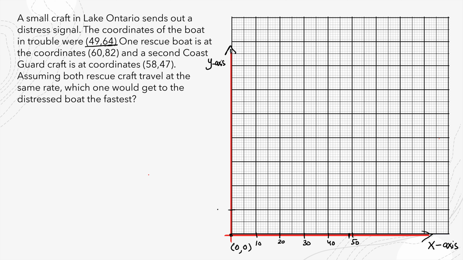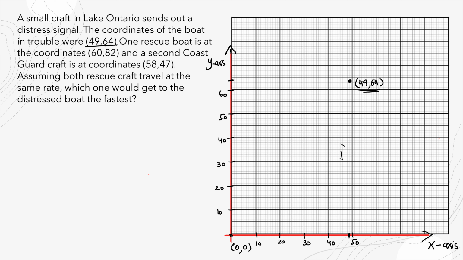So this will become 10, 20, 30, 40, 50, 60, and 64. So let's identify the point. Okay, so I have my point, that is the boat in distress, having coordinates of 49 and 64.